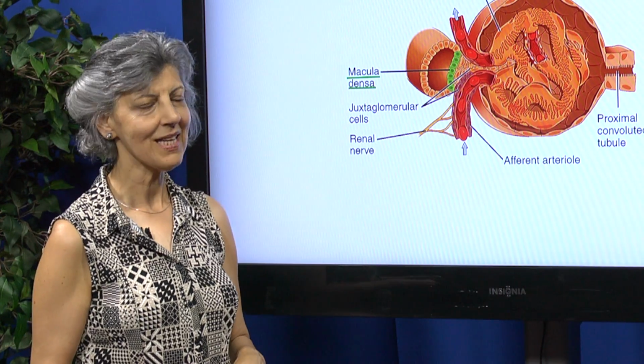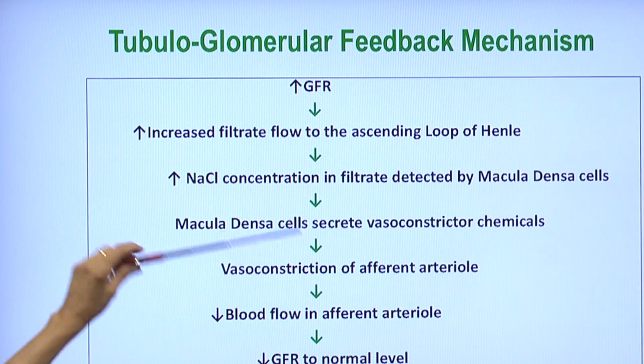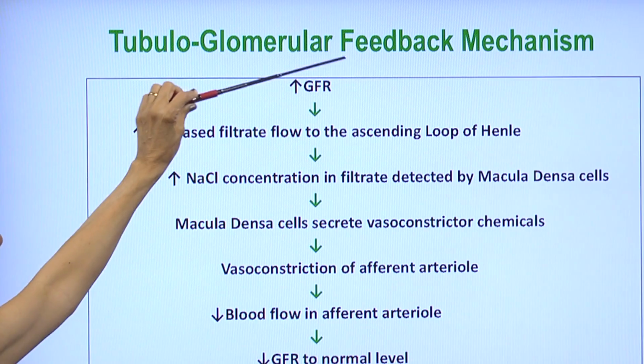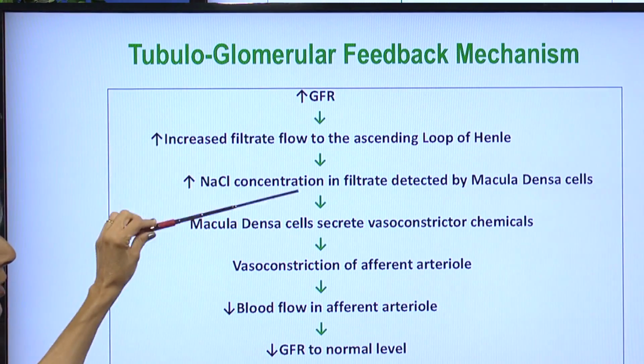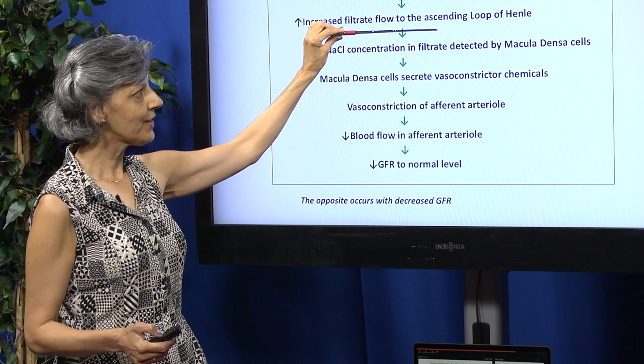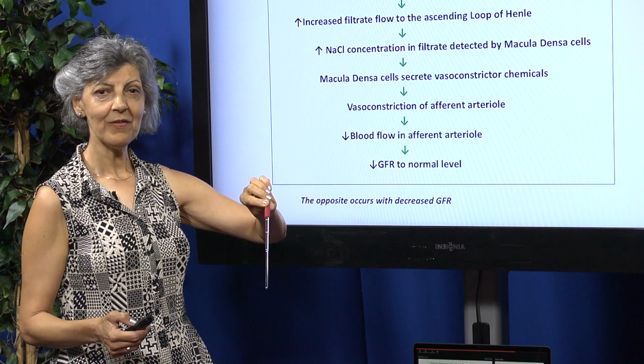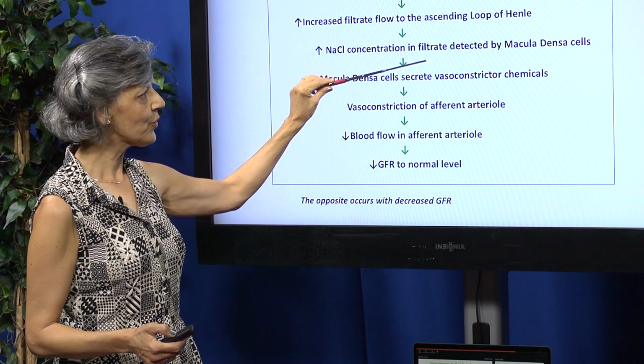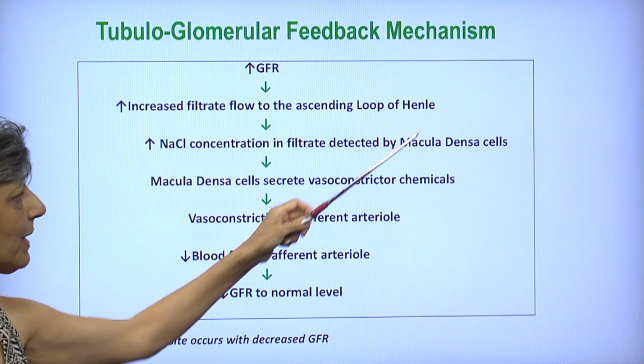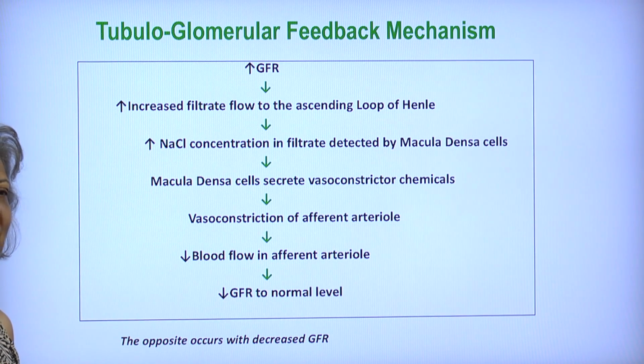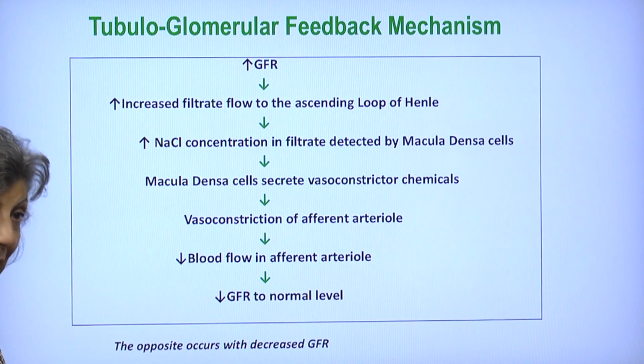How does this mechanism work? So this is how it works. If there is increased glomerular filtration, there is more filtrate reaching the loop of Henle. There is more sodium chloride detected by the macula densa. What are they going to do? They will secrete vasoconstrictor chemicals.